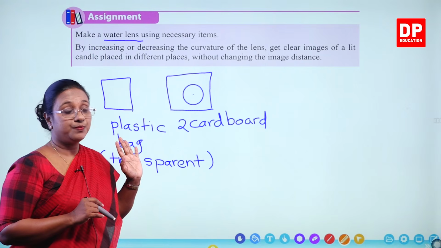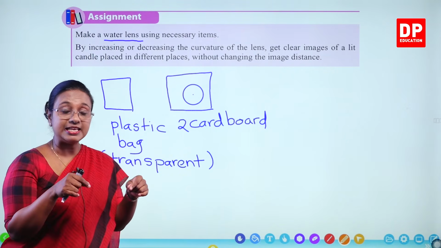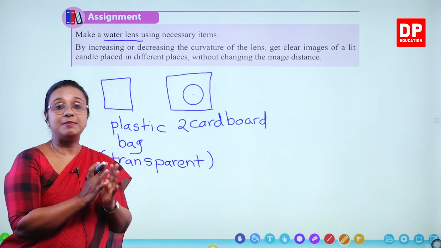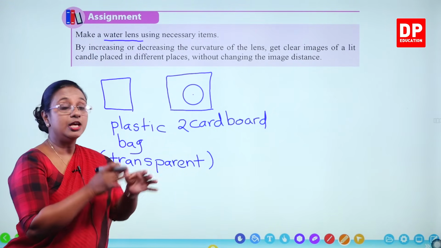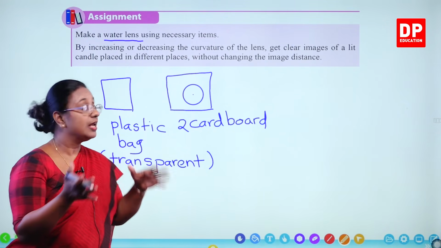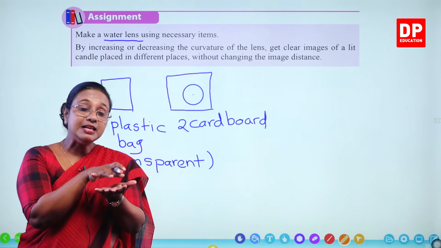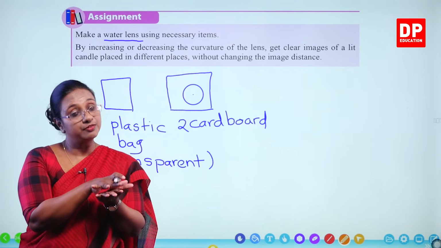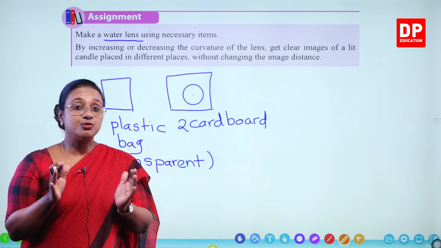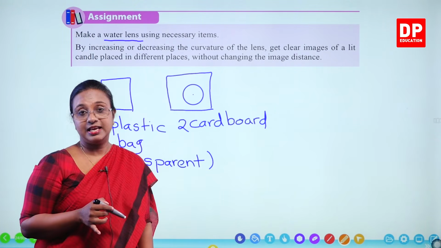Then what do you do? You fill water into the plastic bag. You can seal it. You don't fill it completely full, but there can be a certain amount of water. You close the plastic bag so that the water doesn't leak out. Then you keep the plastic bag in between the 2 pieces of cardboard and press them together. Make sure that all the water is contained within this area.